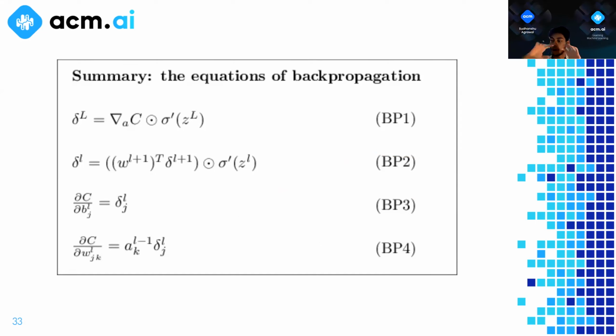Once we have all these partials, we simply update all the weights of our network. Does that help? Okay, perfect, great. Any other questions?